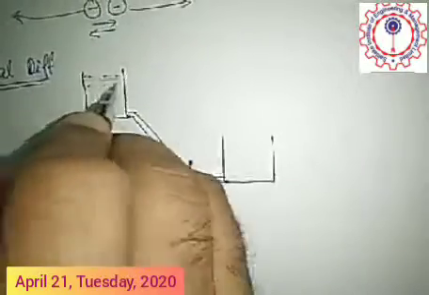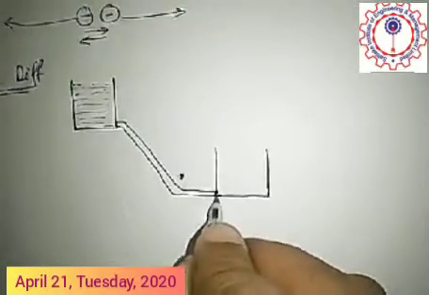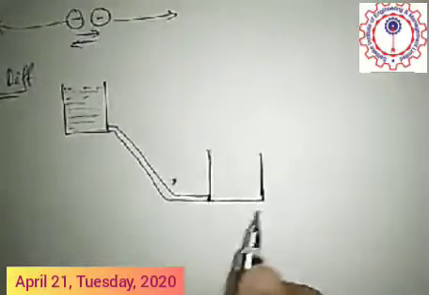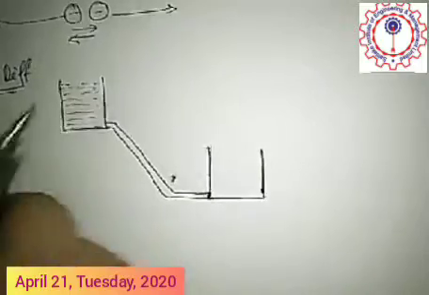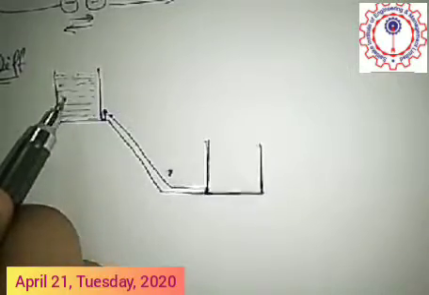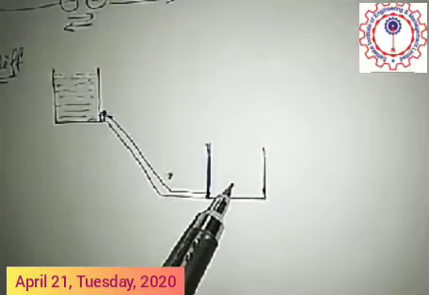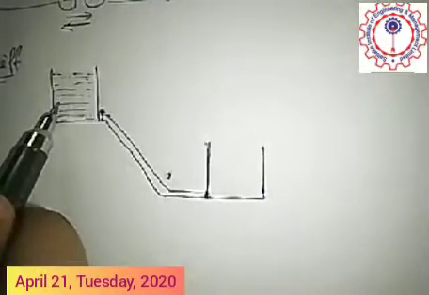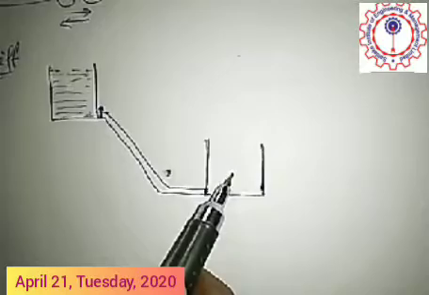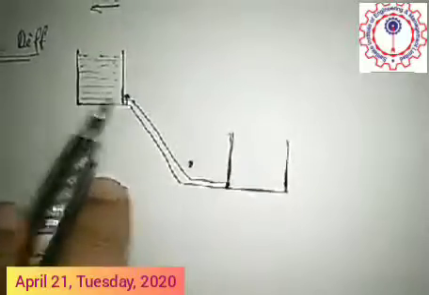If one is fully filled with water and the other is not filled, and we open the tap, the water flows from the high level water tank to the low level water tank until the water levels of the higher and lower tanks reach equilibrium. So this is the phenomenon of potential difference.